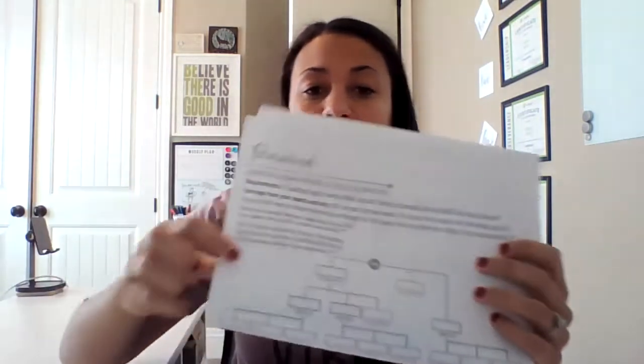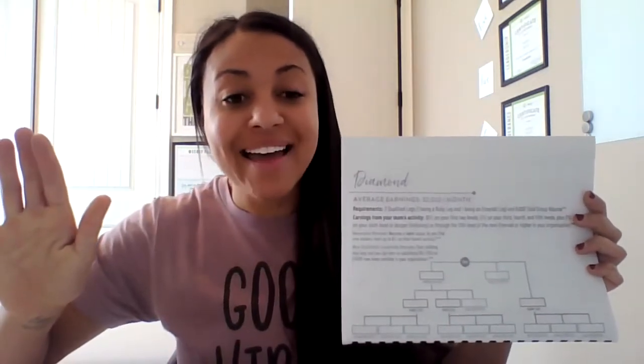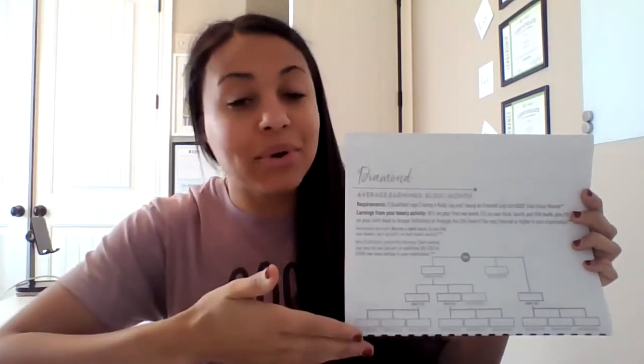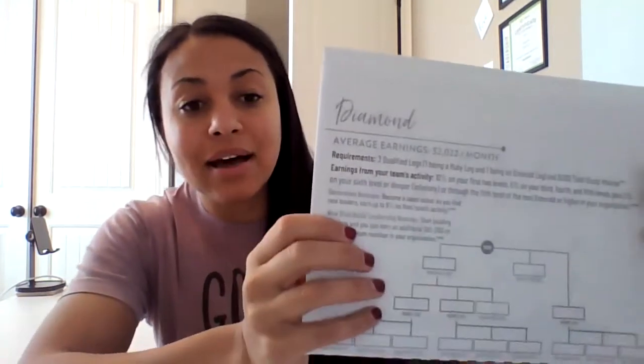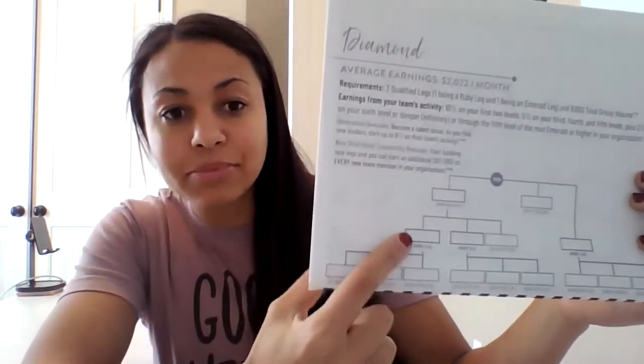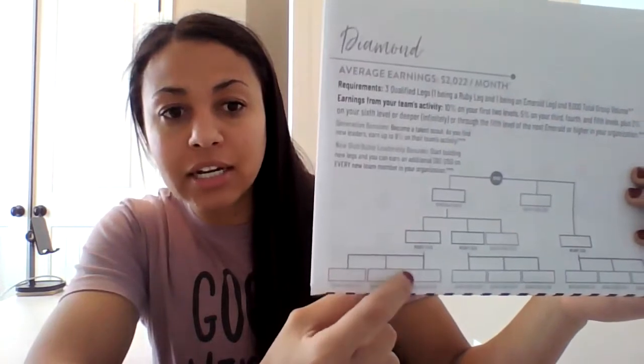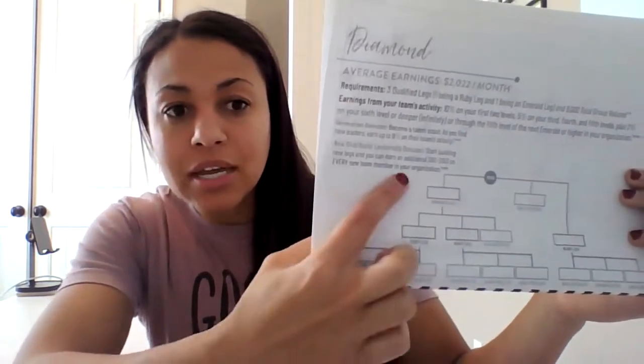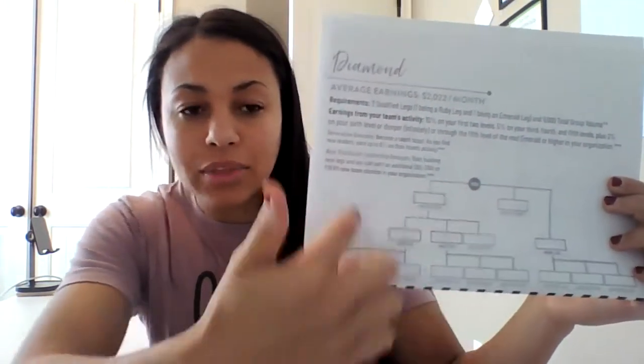Now, on the back side of this month calendar, you are going to find a diamond chart. Diamond is the level that unlocks everything in the compensation plan. And so you may be focused on ranking up, but this basically has all of them. You've got a ruby chart here, you've got an emerald, and then you've got the whole thing, diamond.